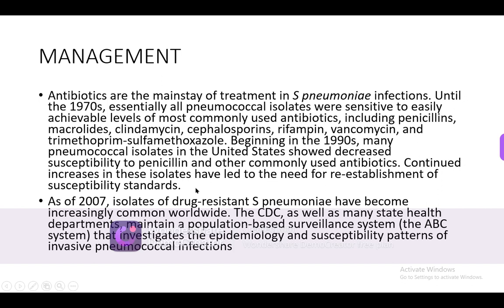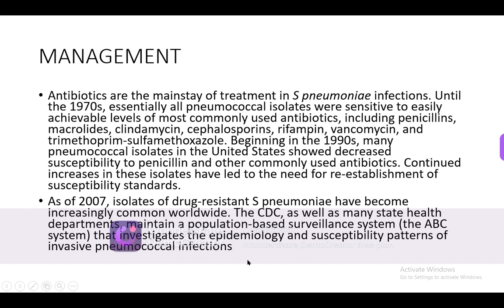You have to use now clavulanic acid with amoxicillin, or you go for the higher, third generation cephalosporins, or you go for the carbapenems, aztreonam, fancy, very costly medicines. You go for the vancomycins, the fusidic acids, which are not available very easily.